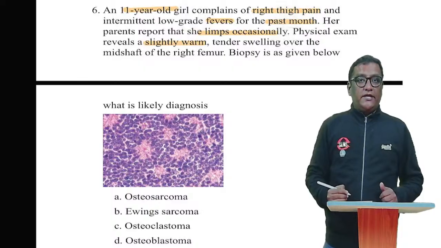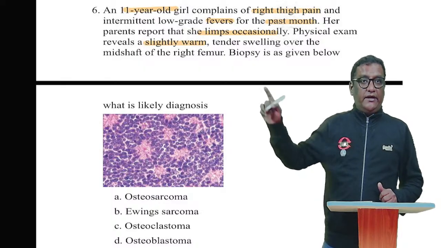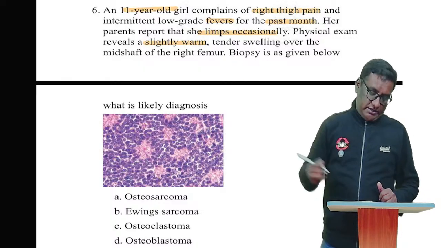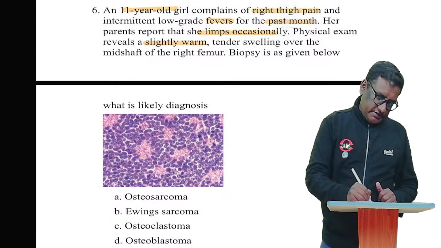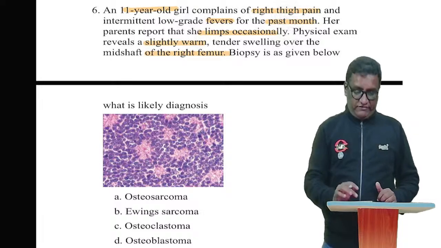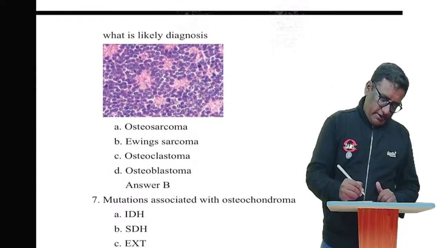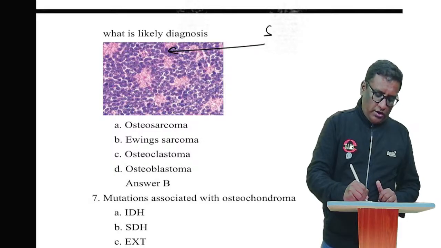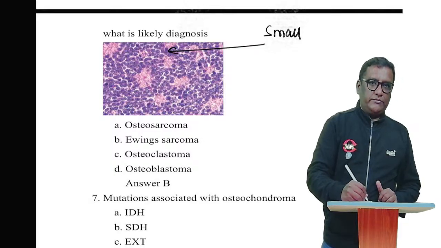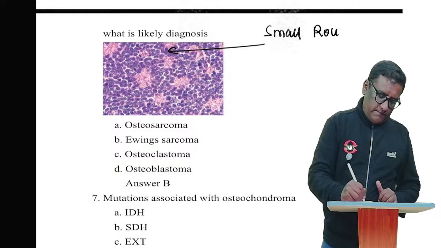Okay, and there will be tenderness in the mid shaft of the right femur they have given us. Biopsy is given below. What are you seeing on biopsy? Very characteristic. Okay, these are all small round blue cells, isn't it? I am seeing small round blue cells.